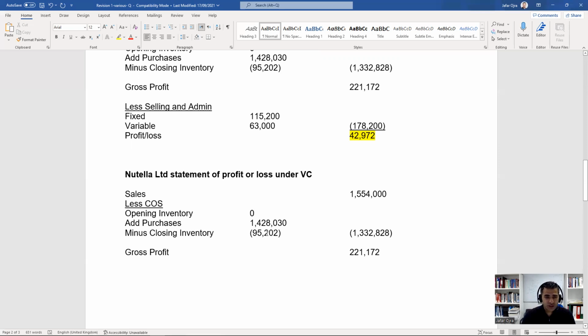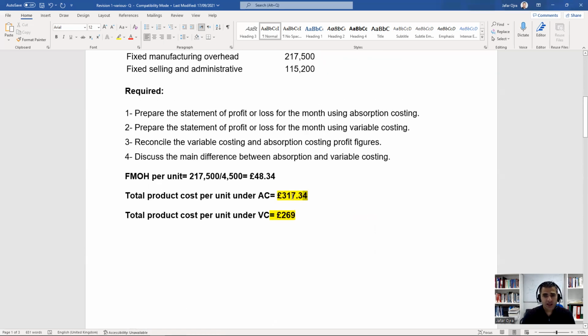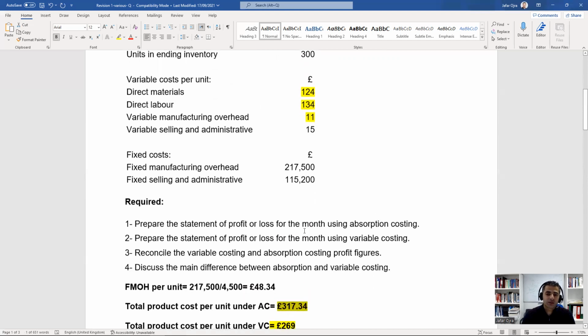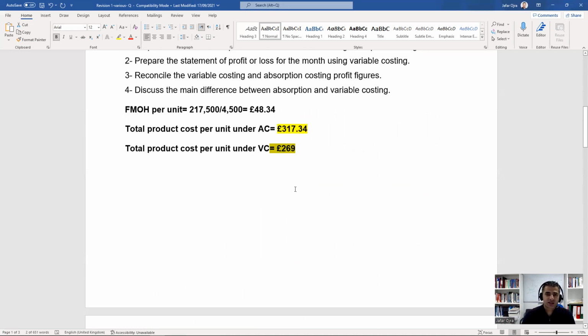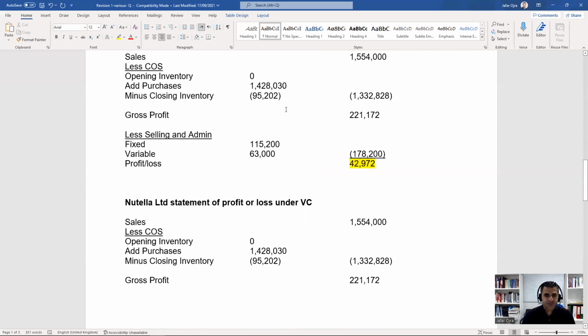Now for purchases, instead of multiplying by 317.34, what you need to do now is multiply by the product cost per unit under variable costing, which is 269. You multiply the 269 by the number of units produced, which is the 4,500 units.